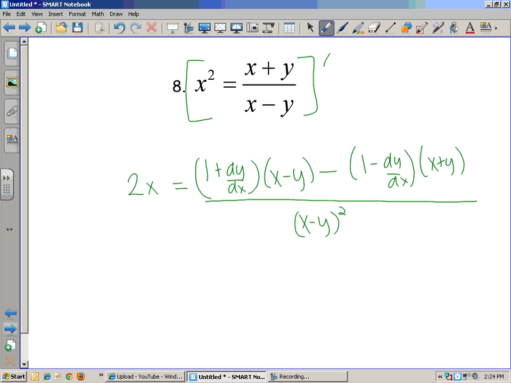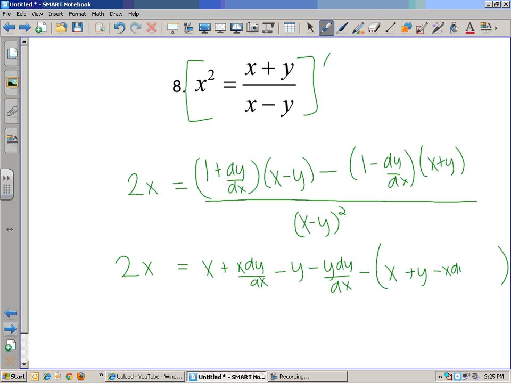And now I need to do some math. X plus x dy dx minus y dy dx minus, I'm going to do this in 2 steps and hopefully eliminate an error. I'm bound to have an error here.